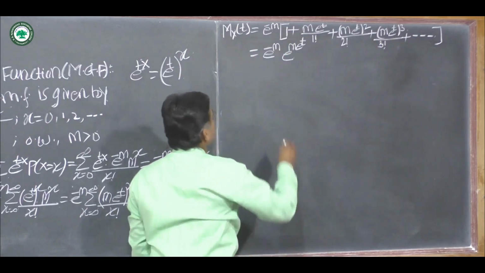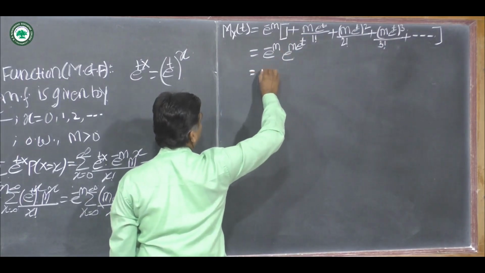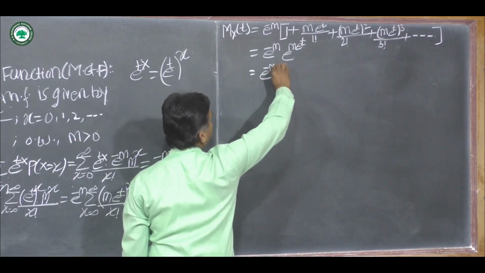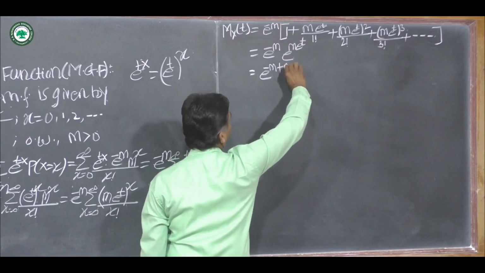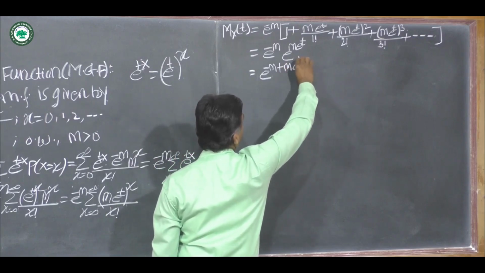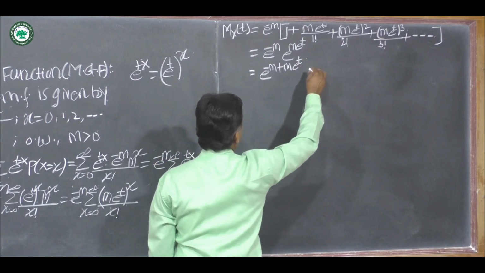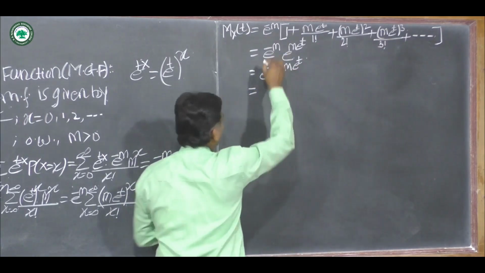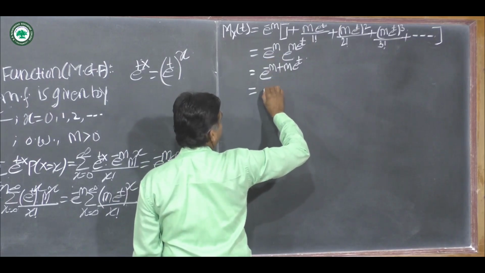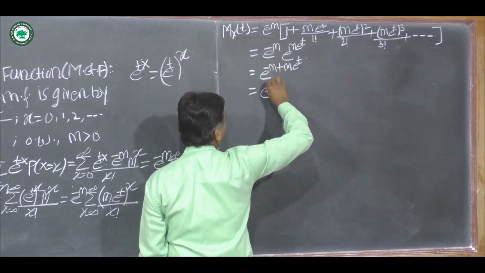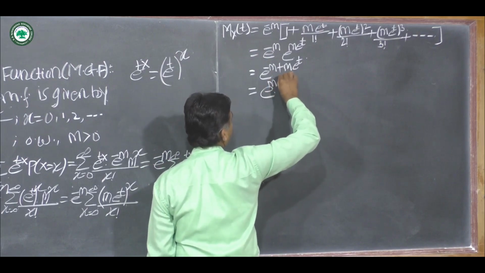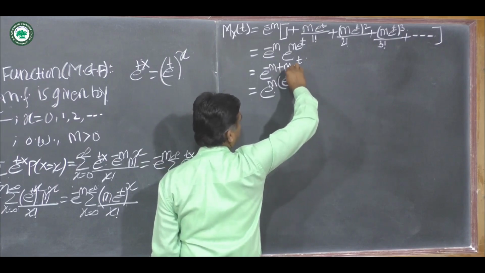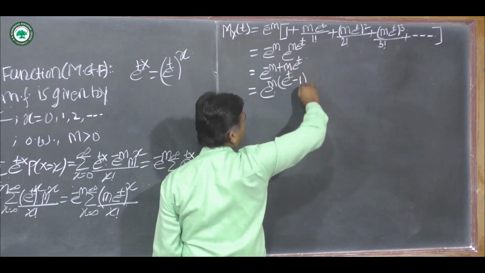Now this can be written as e raised to minus m plus m into e raised to t, which can be written as e raised to m into, in bracket, e raised to t minus 1.